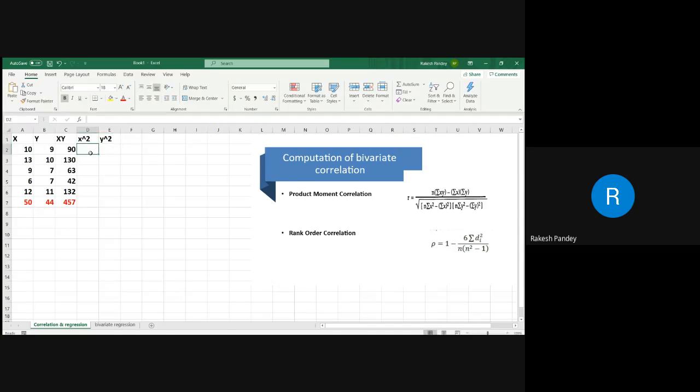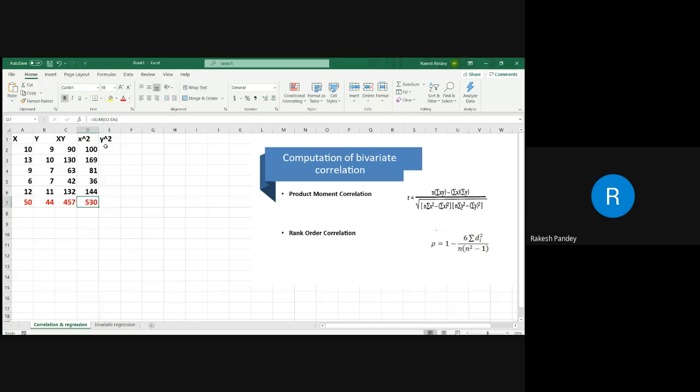So x square is equal to 10 into 10, and so on. This is x square, and when we will add this, this will be the value of summation x square.